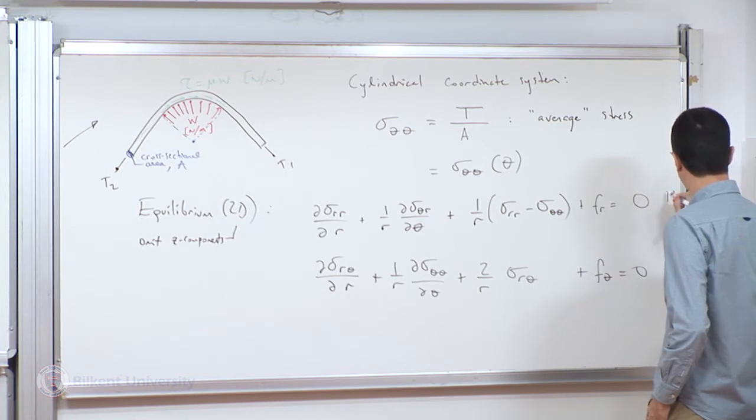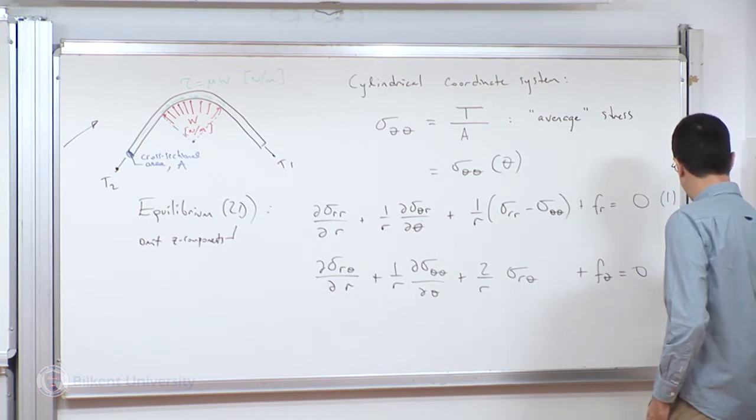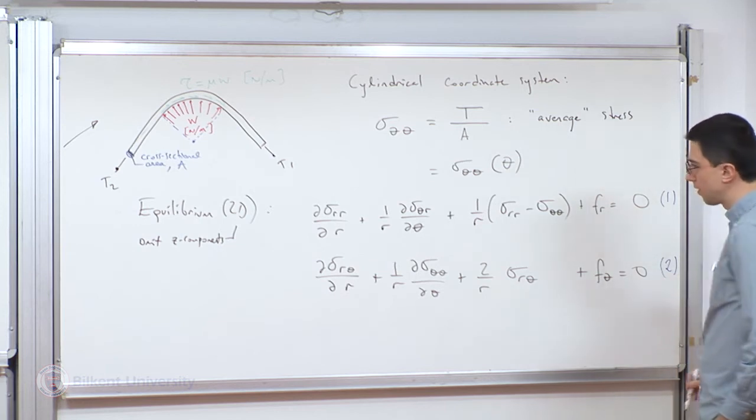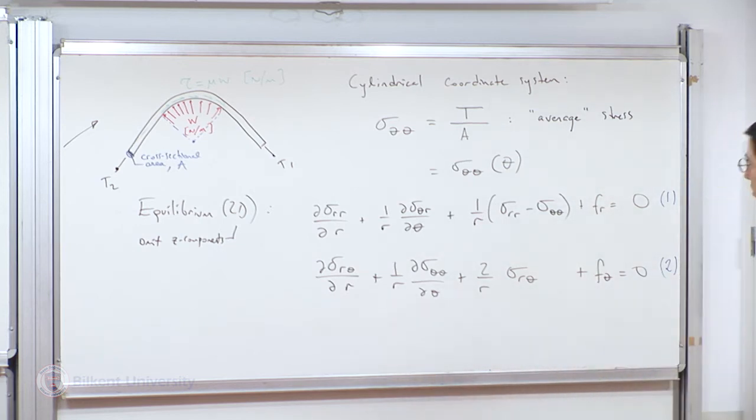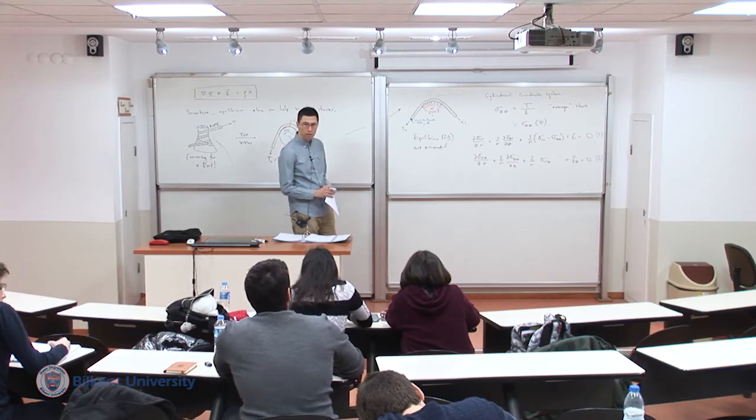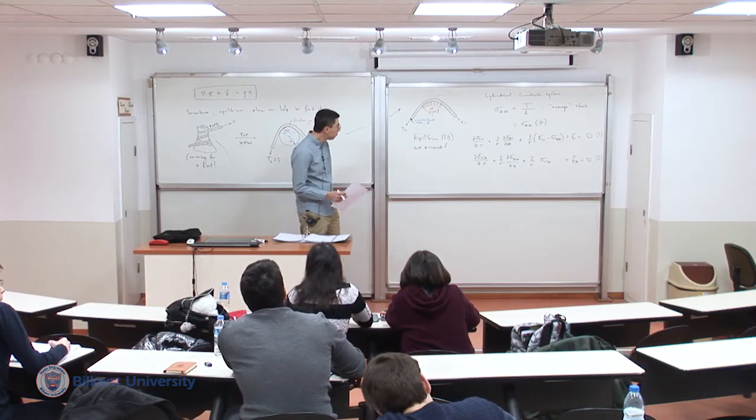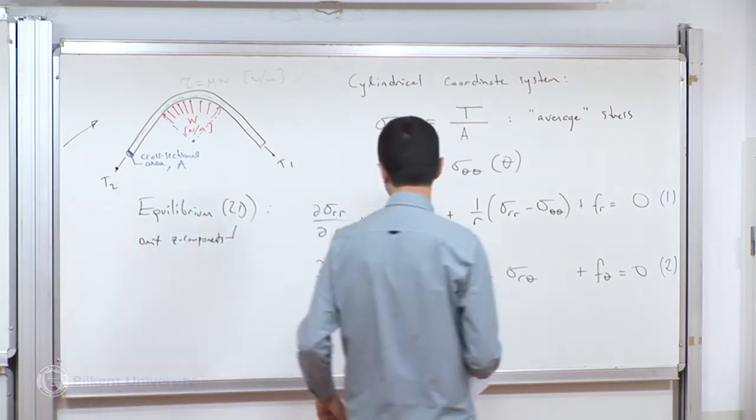So I have two equations, the two components of the two equations that come from the equilibrium statement. That equation in the box. Okay, so now we proceed with further simplification.